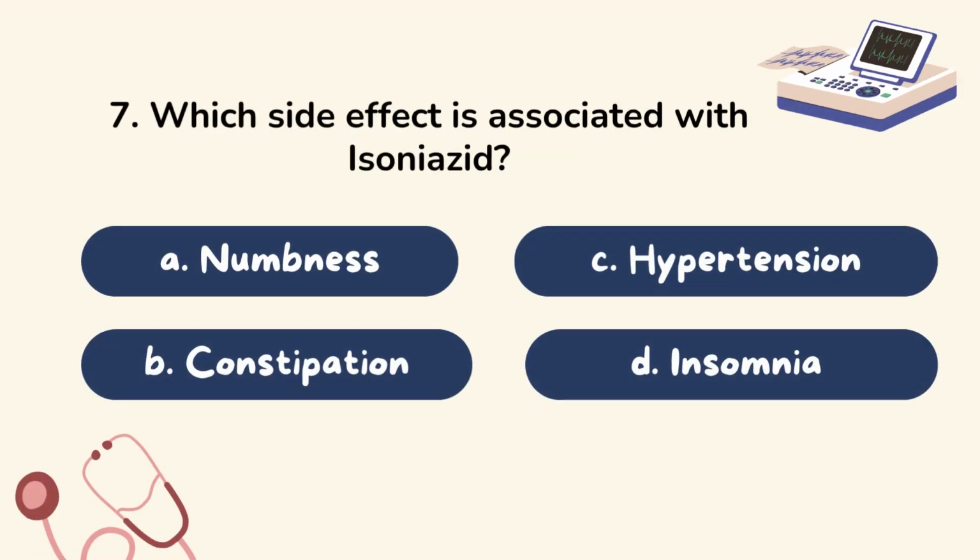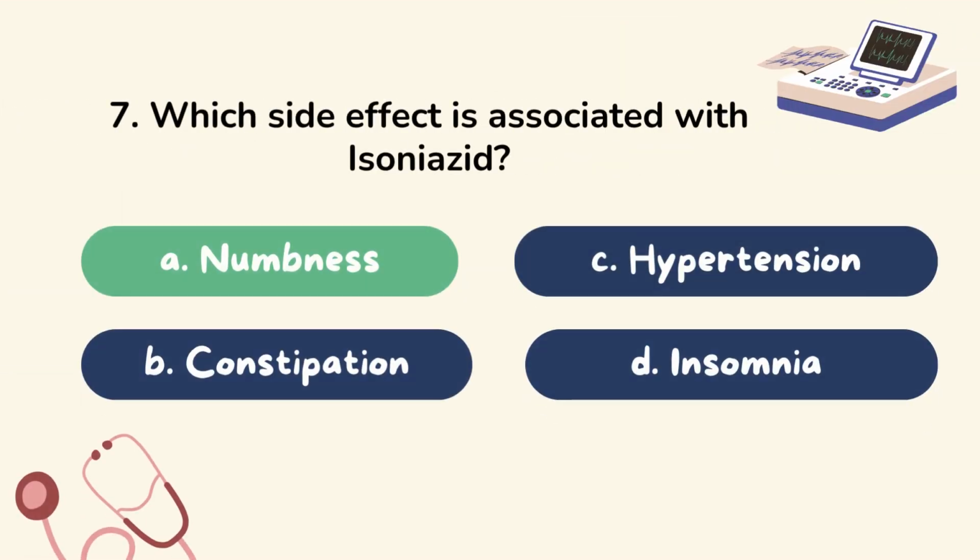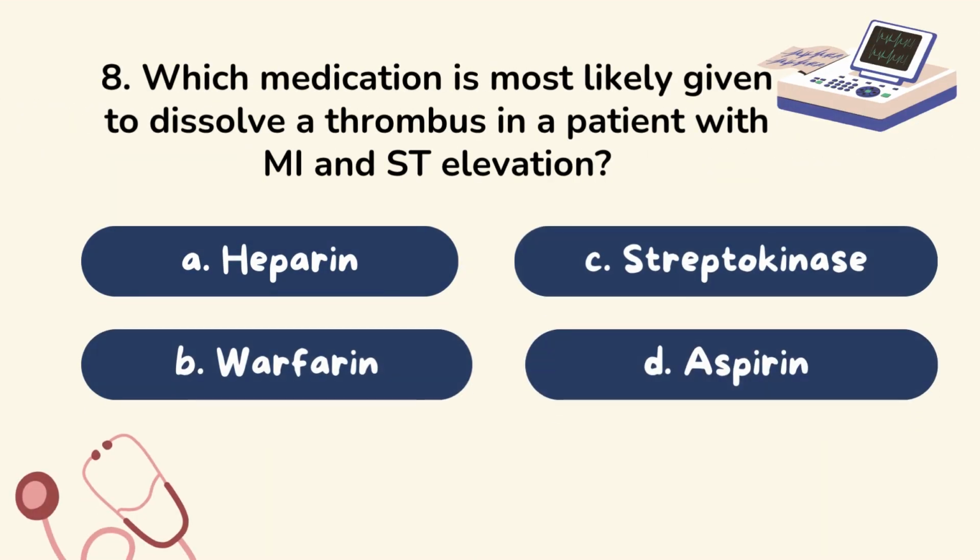Which side effect is associated with isoniazid? Which medication is most likely given to dissolve a thrombus in a patient with MI and ST elevation?